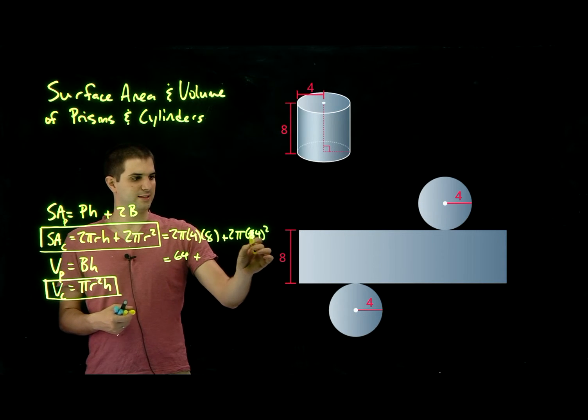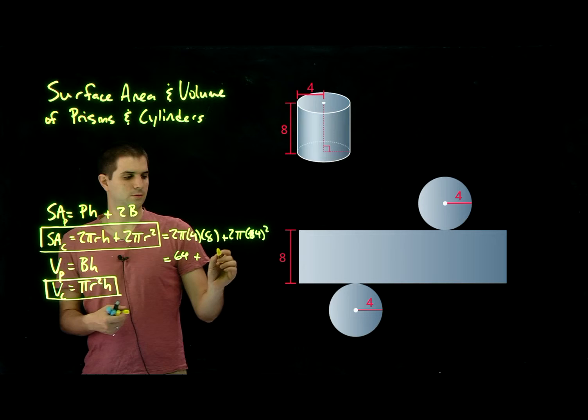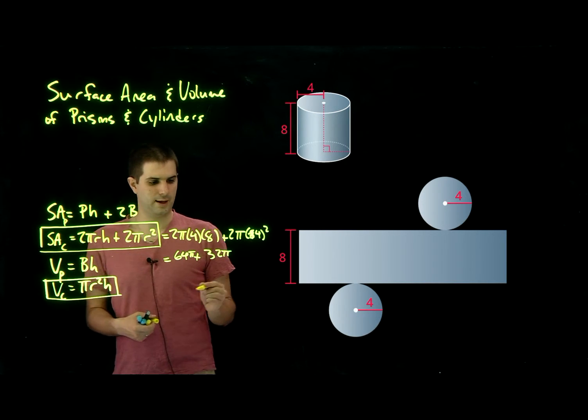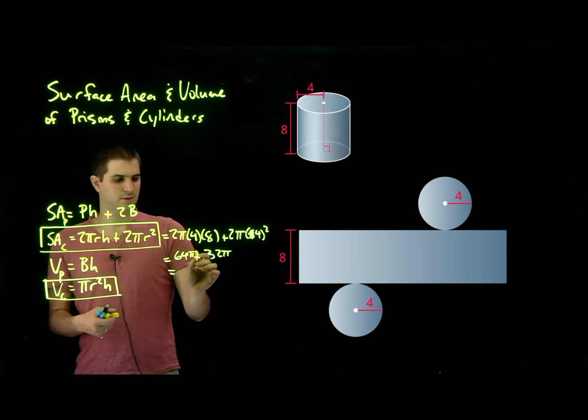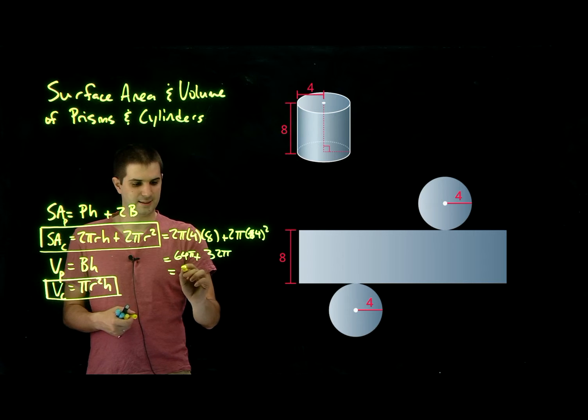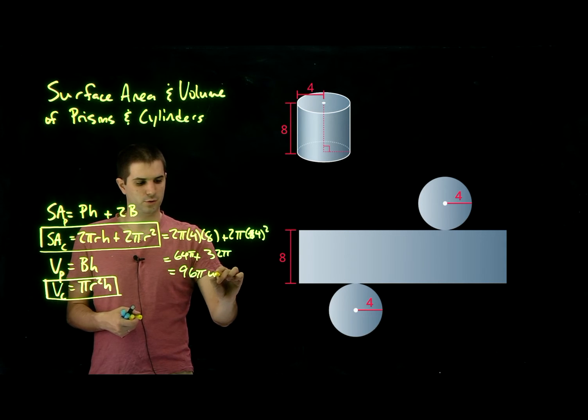Plus, this is 16 pi times 2, which is 32 pi. So we just add these together. 64 pi plus 32 pi is going to be 96 pi units squared.